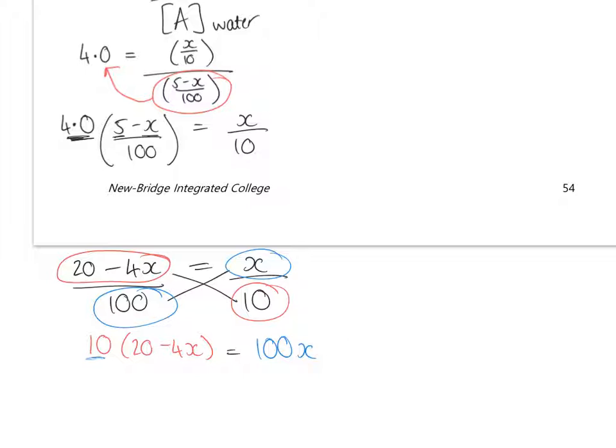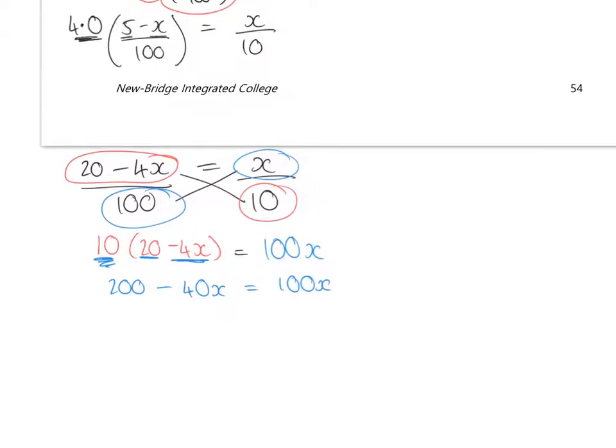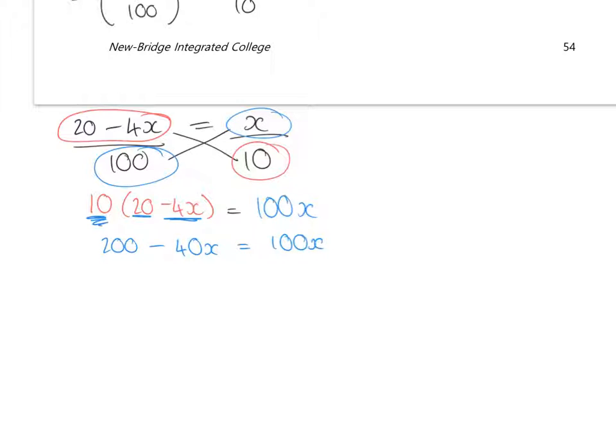Multiplying out that bracket, 10 times 20 is 200. 10 times minus 4x is minus 40x, which is equal to 100x. I want to bring my x's to the same side, so I move 40x to the other side.